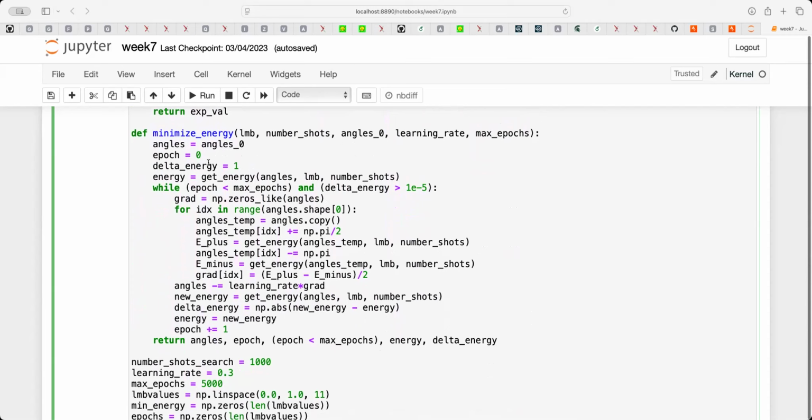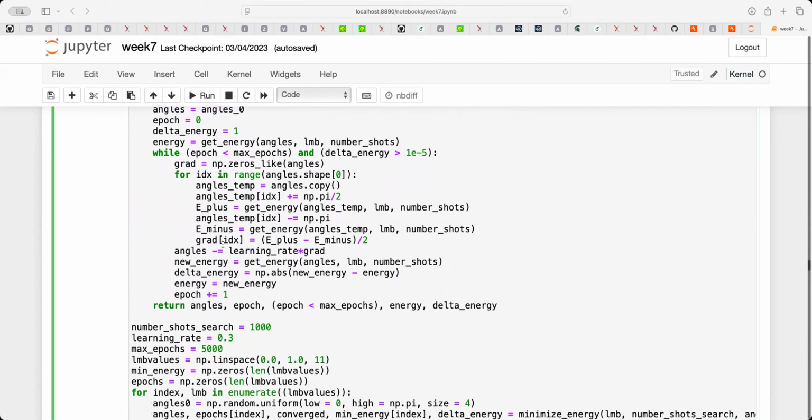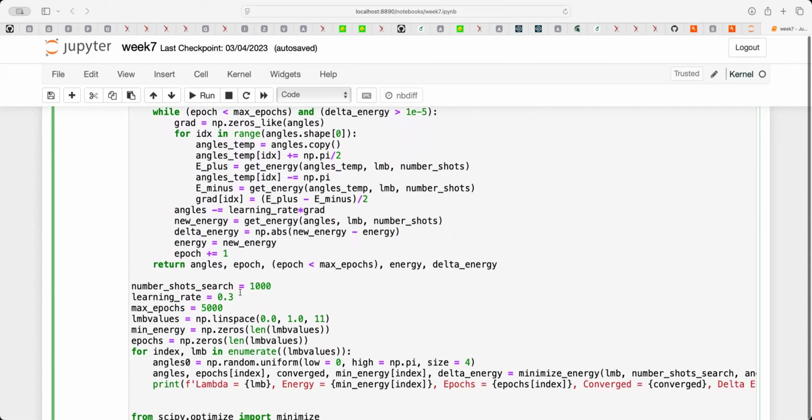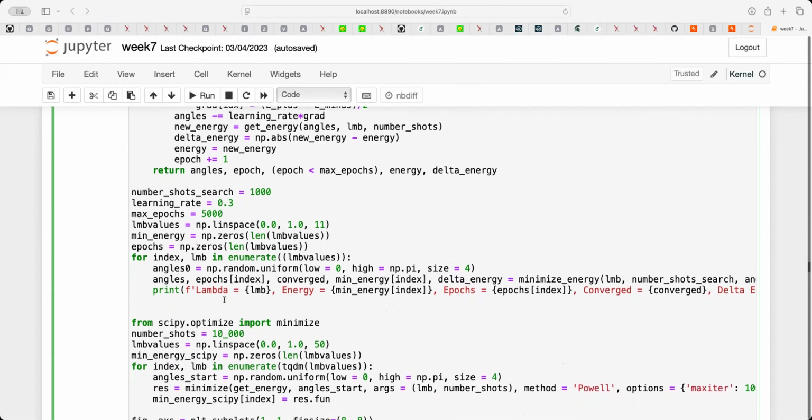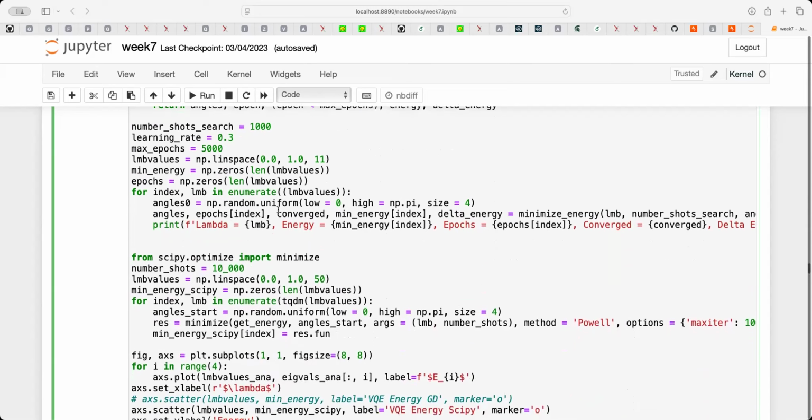So this is my own handwritten one. I do just a number of shots, 1,000 experiments. I have 5,000 iterations. I have a learning rate, and then I'm simply setting up the lambda values, these interaction parameters. And then I calculate the energies as before.